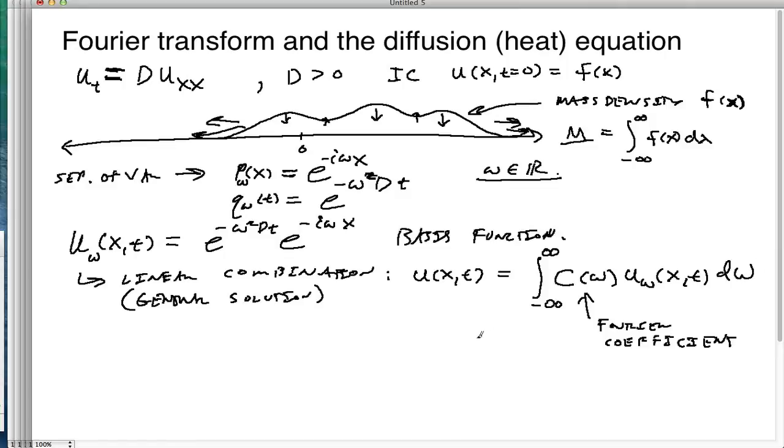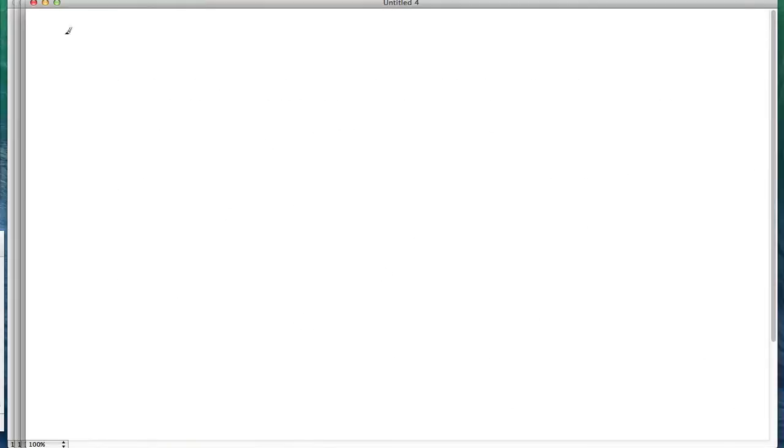So there we go. All right, so the idea now is we want to talk about how the Fourier transform plays a role here. And we know one thing: we have an initial condition. So I'm going to go to the next page here a little bit. So we have this, our general solution.